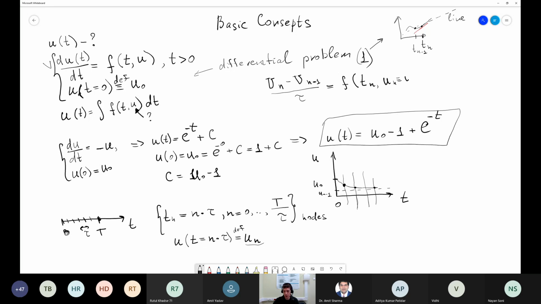By definition, un means u of tn, but we don't know this analytical expression. That's why we will use some approximation. We can use here un or un minus 1 if we want to obtain the explicit method.